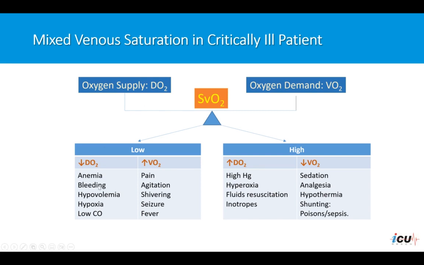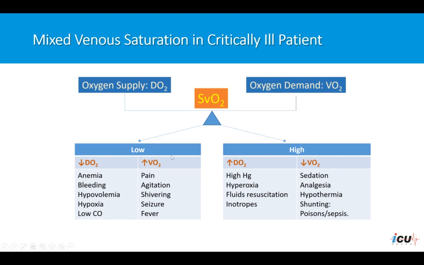In bleeding, similarly with the decreased hemoglobin, in hypovolemia and bleeding with the decreased cardiac output, or in any condition that can decrease the cardiac output, but also in severe hypoxemia, they can decrease the oxygen saturation on the arterial side.